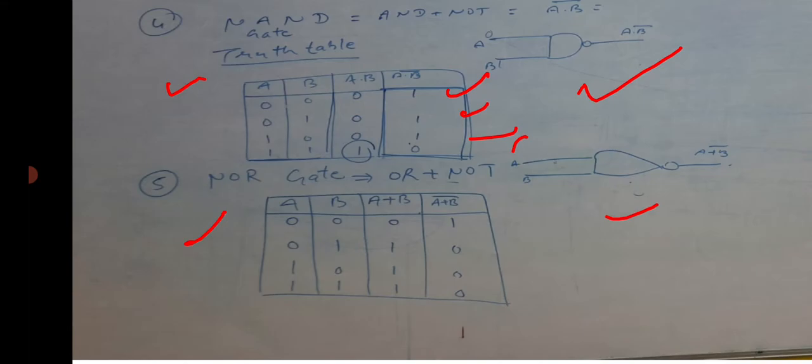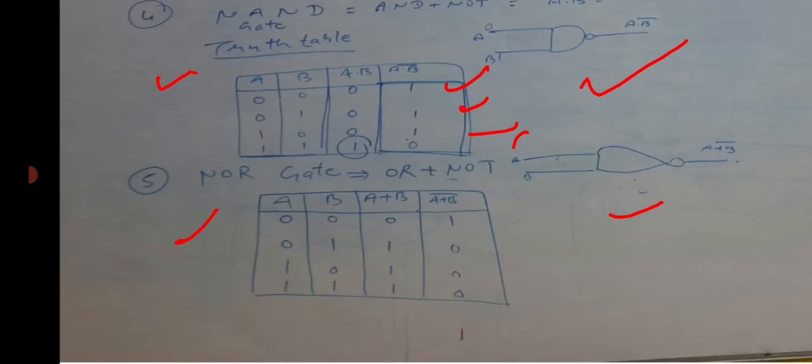Now when we perform OR, then 0 or 0 is 0, 0 or 1 is 1, 1 or 0 is 1, and 1 or 1 is 1. That means the OR gate produces a high output if either input is high, otherwise low. If both inputs are low, it produces low, otherwise it produces high output, that means 1.